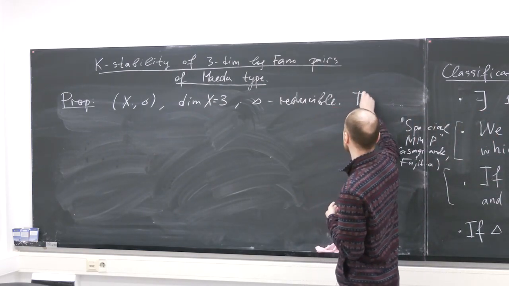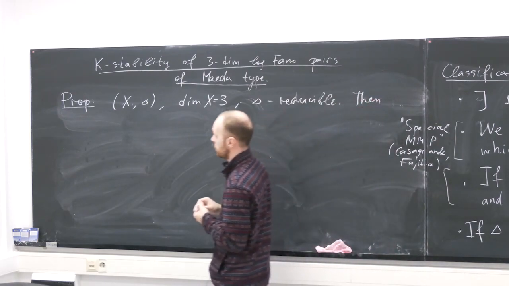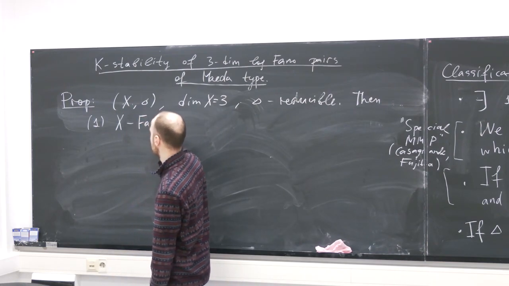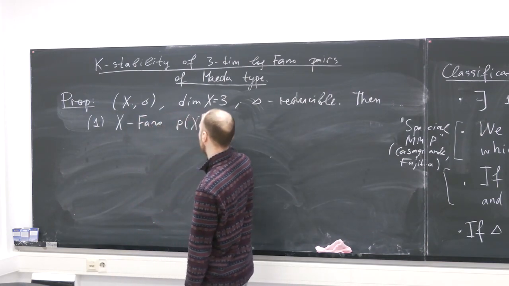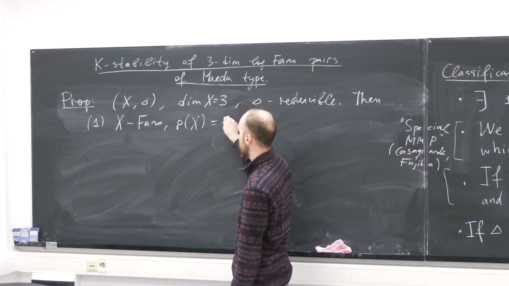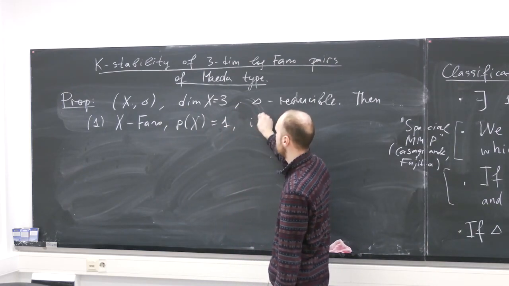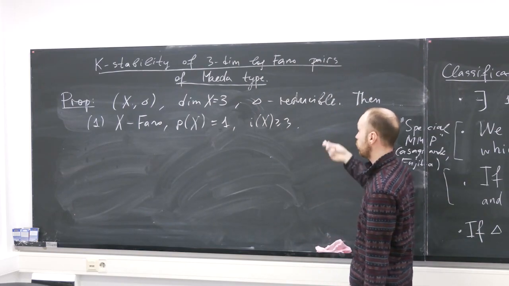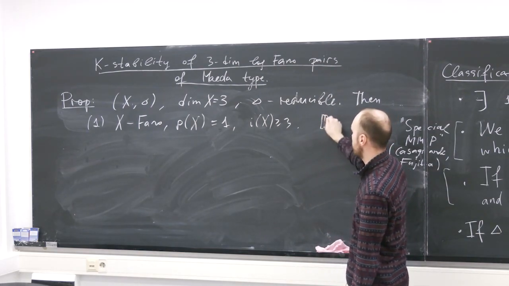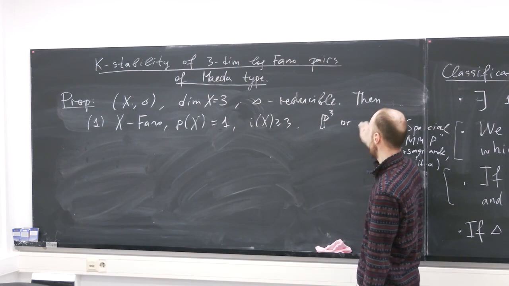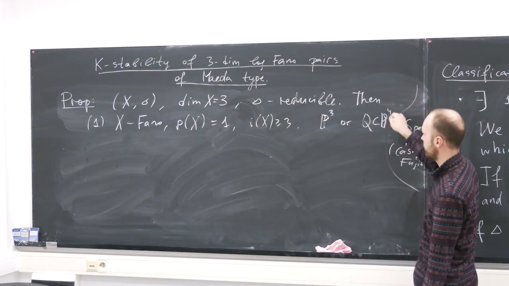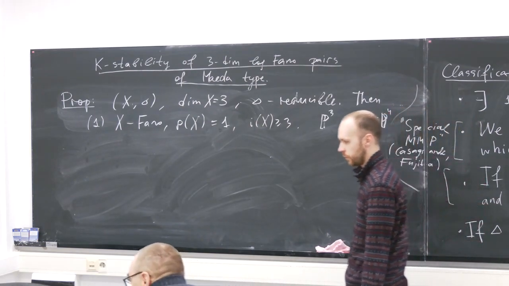Either X is Fano with Picard number 1 and index 3 or more. So in this case, we have either P3 or a smooth quadric in P4.